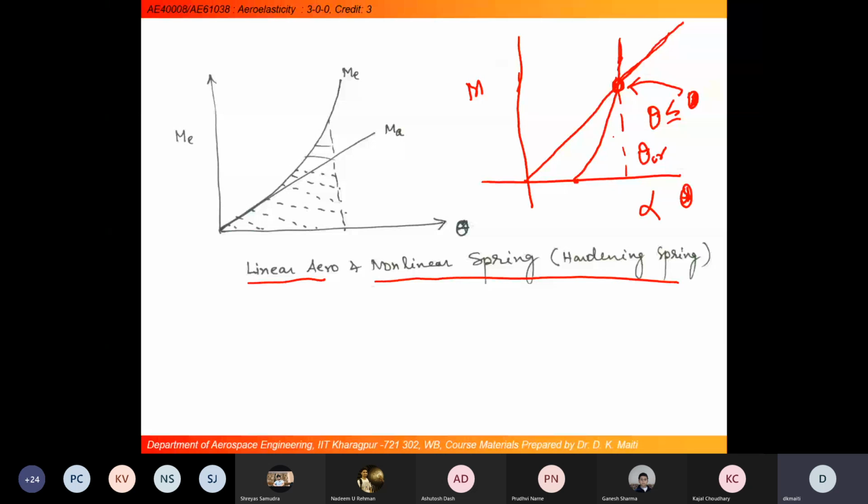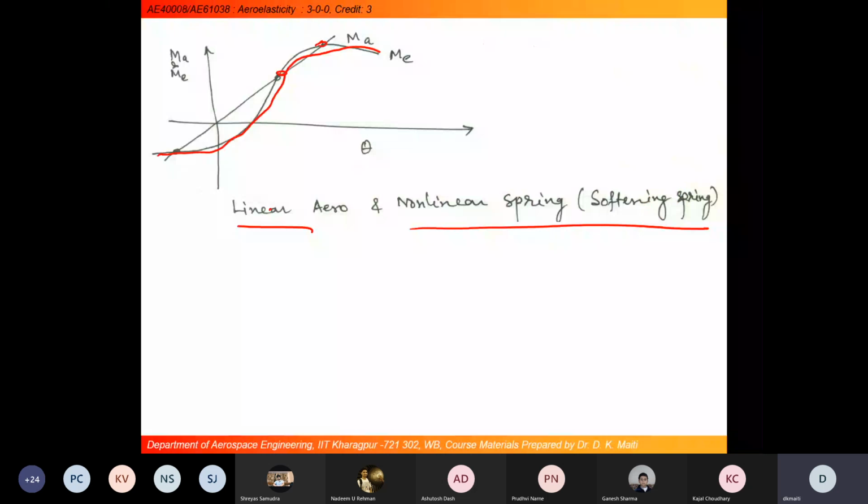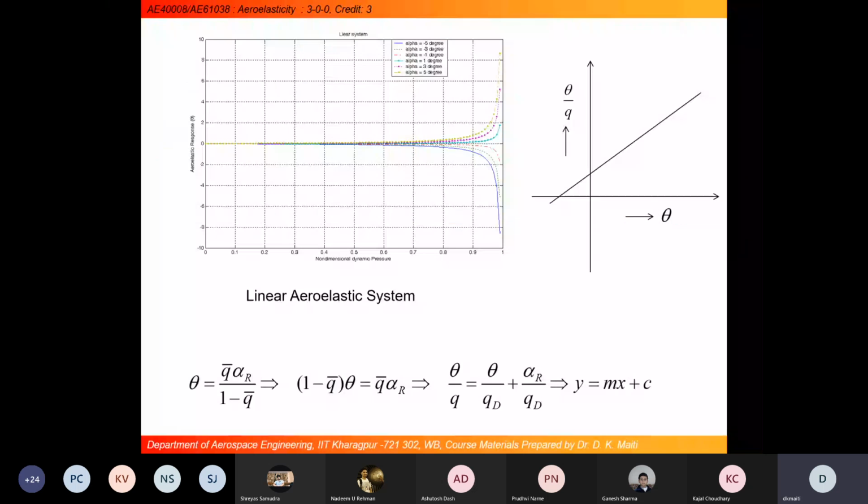We have derived this equation, theta equal to q bar alpha r divided by 1 minus q bar. Then when alpha r is equal to 0, what will happen up to the critical divergence speed? There will not be any deformation, but suddenly it will be diverging from here. That is typically the critical buckling load of a Euler column.